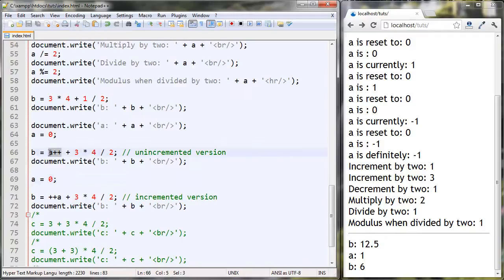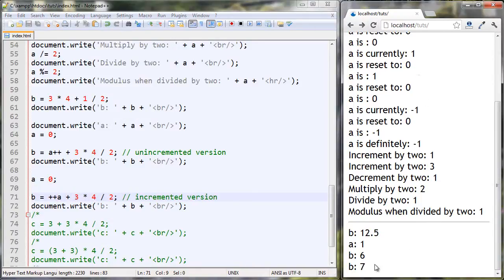This evaluates to 0, this will evaluate to 1. So we should just get an answer that is 1 higher. Let's check it out. And we did 7. So this did its thing, as I said before, and then we add 1. And that's why we got 7 here.